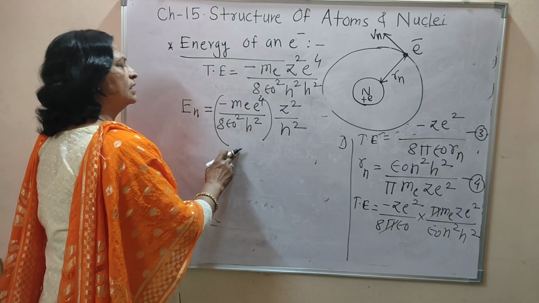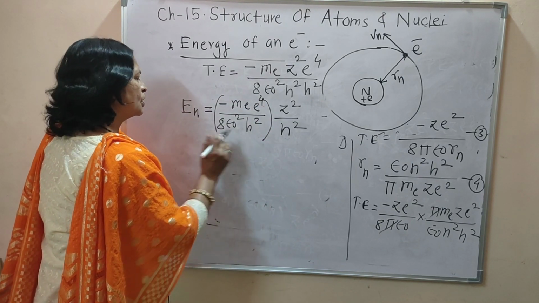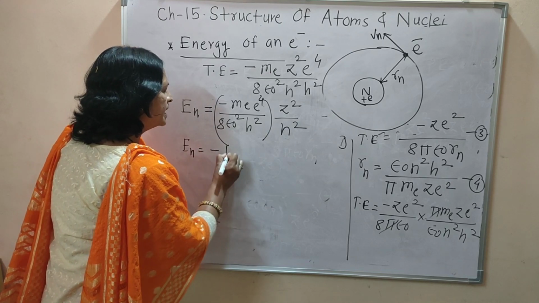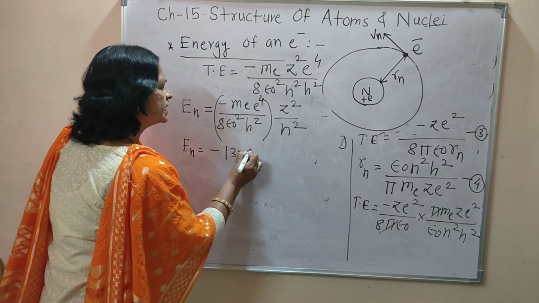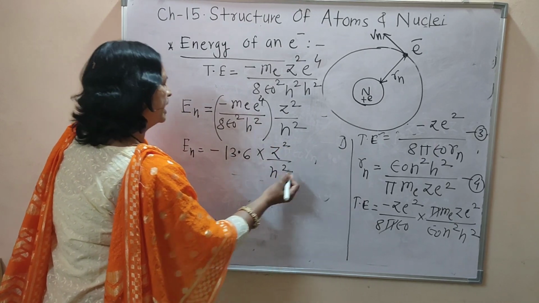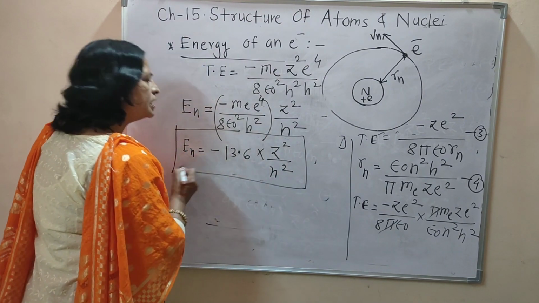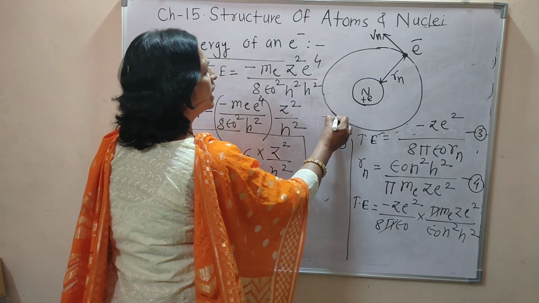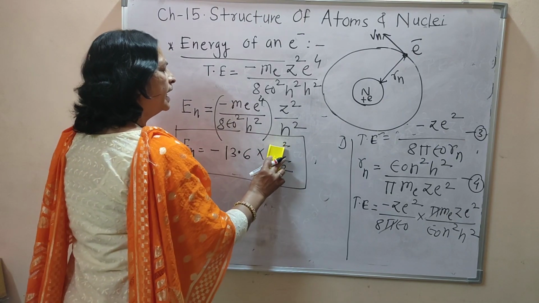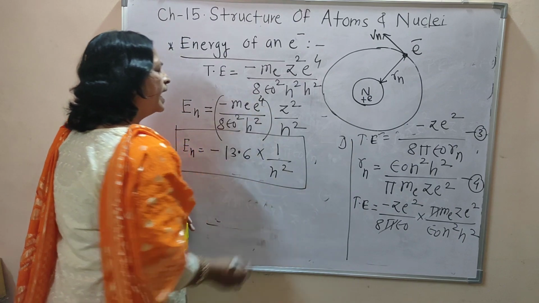All are constants. And if we substitute all the constants in this equation, we will get the value En, that is minus 13.6 into Z square divided by n square. Now, in the hydrogen atom only one electron is there, and therefore Z is equal to 1, it becomes 1 by n square.